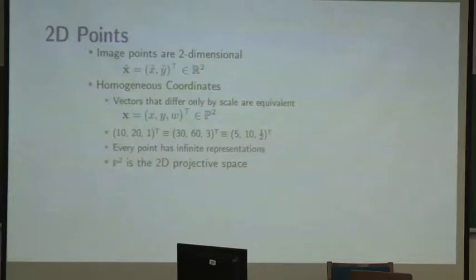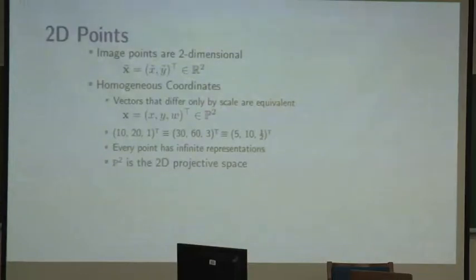Now, P2 is quite similar to R2, because we can represent all the points in R2 in P2 also, but we can represent a few more points. So there are a few changes in P2 with respect to R2 that I'll count. Okay, is that okay? All right.